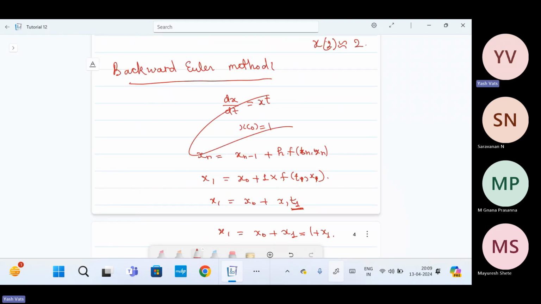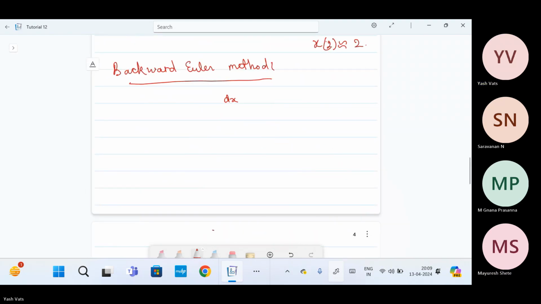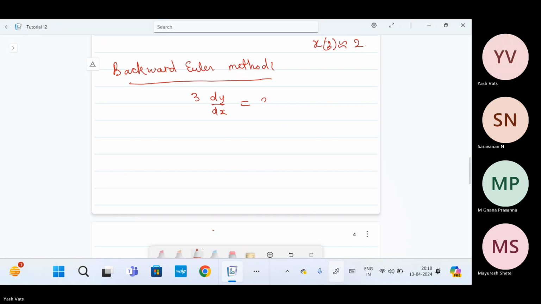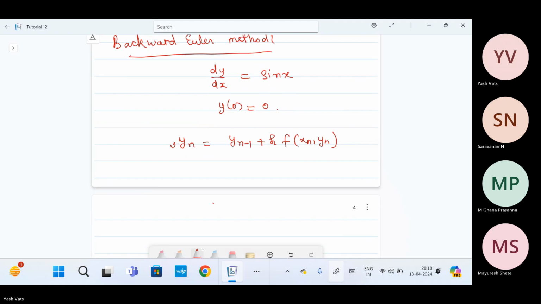No, it's not going perfectly. 3 dy by dx is sin x minus 5y square. See, the simple equation is sin x and y0 is 0. So what is your backward Euler equation? It says that yn is yn minus 1 plus h f x n, yn.